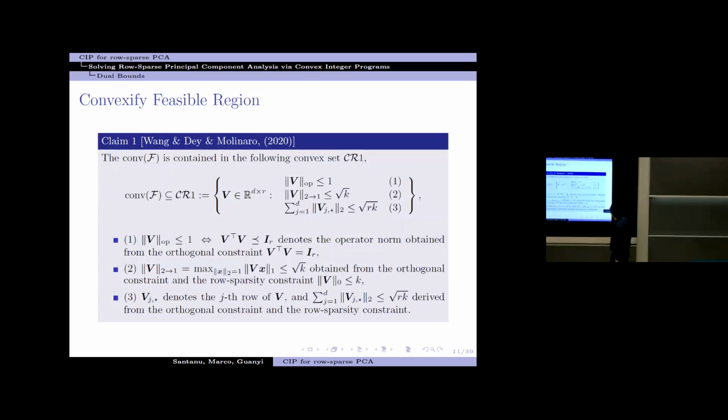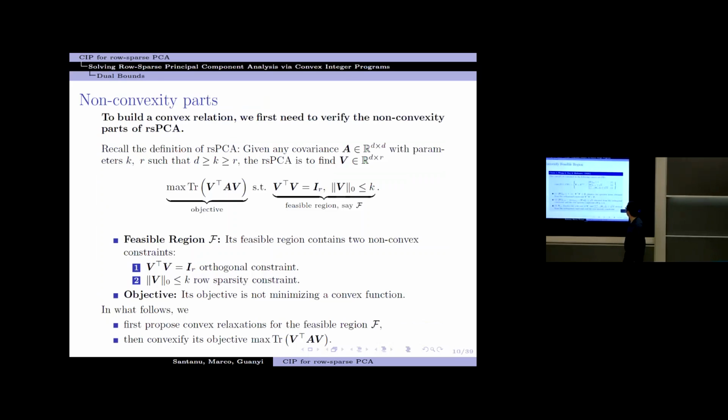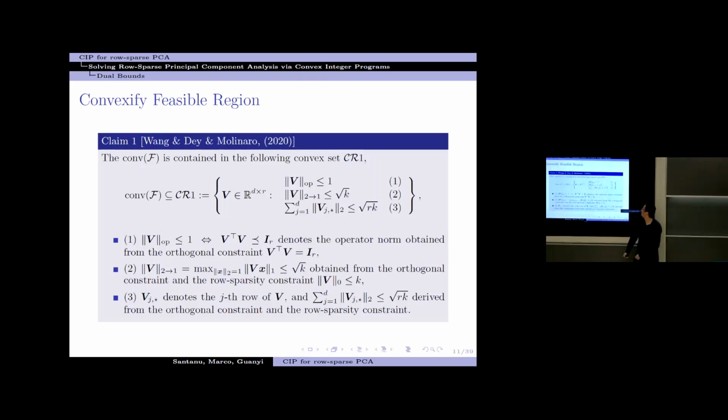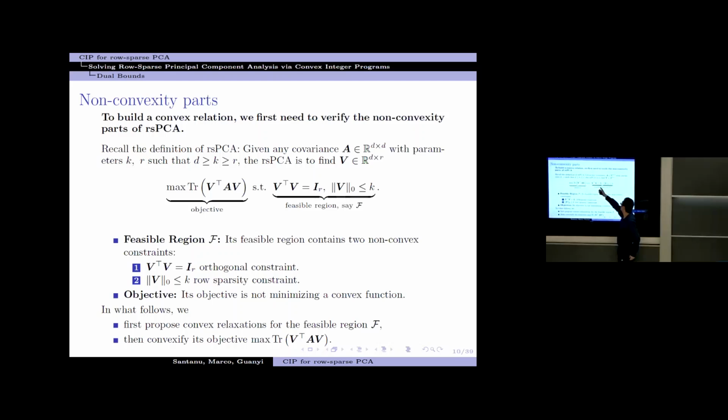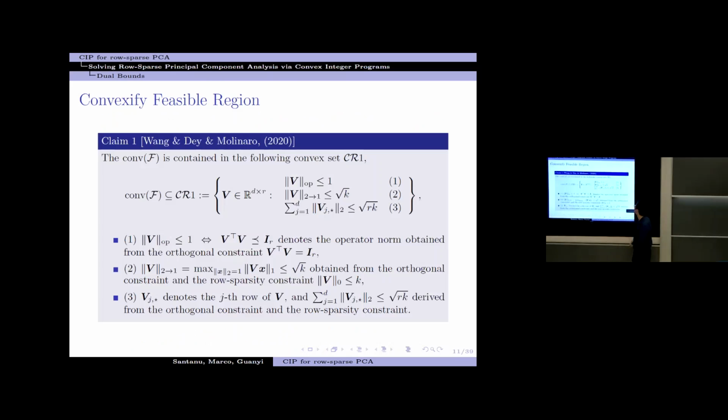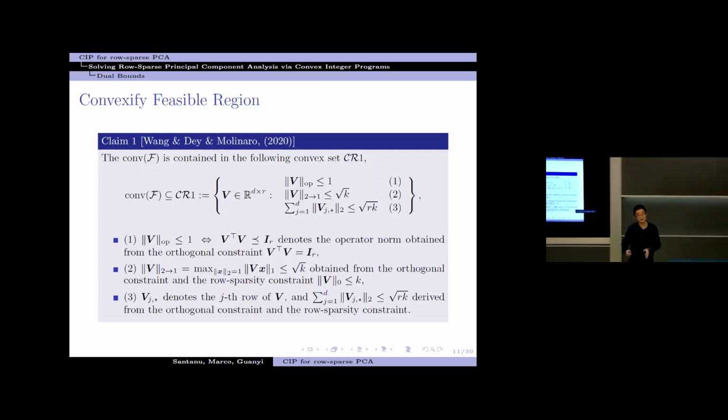So how to do the convex relaxation of the feasible region? Here's one of our main contributions. We consider this orthogonality constraint, and we relax it by upper bounding the operator norm of the V matrix. Then, because we have the row sparsity constraint, the number of non-zero rows of the principal components is at most k.